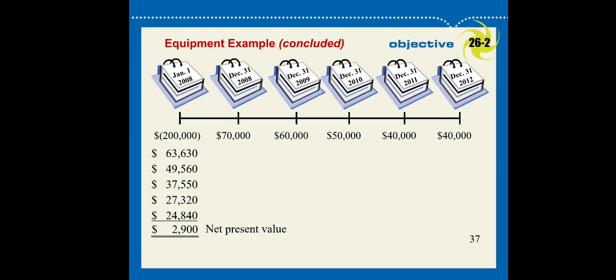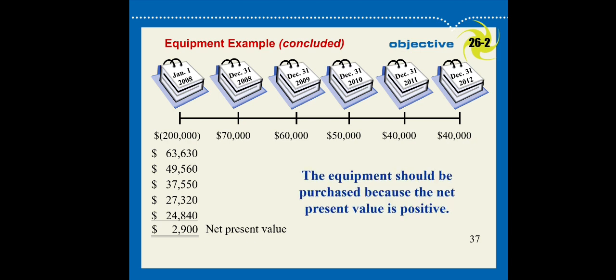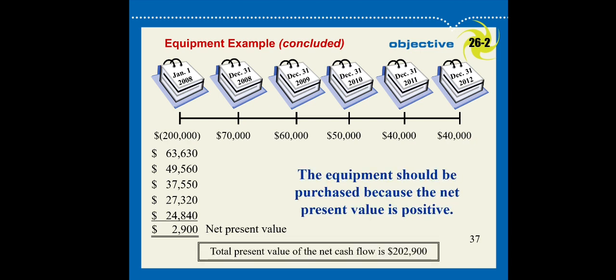So how to say whether the business should purchase this equipment or not? The equipment should be purchased because the net present value is positive. So here you can see the number is positive. The net present value is 2,900.